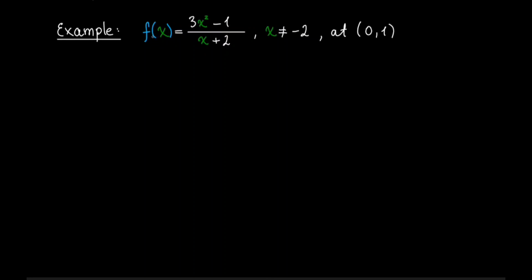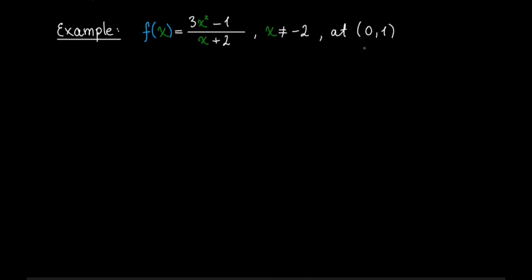We are given the function f of x equals (3x squared minus 1) over (x plus 2). In this case, x does not equal negative 2, and we are asked to evaluate the equation of the tangent and normal of the curve at the point (0, 1).